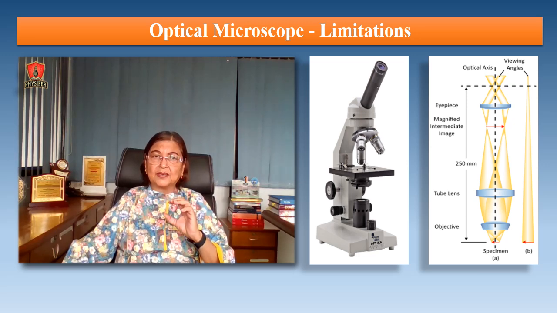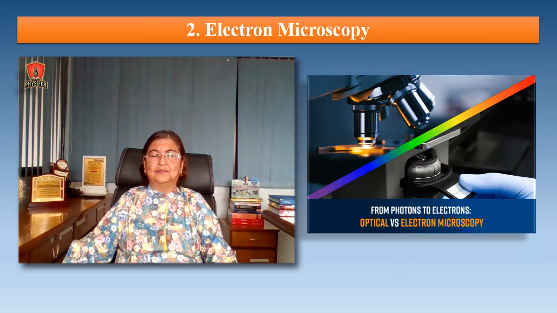So an optical microscope cannot clearly image nanoscale objects. They are useful only for microscale observations. Therefore, electron microscopy is applied for working and seeing at the nanoscale.